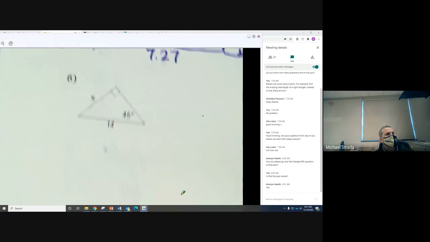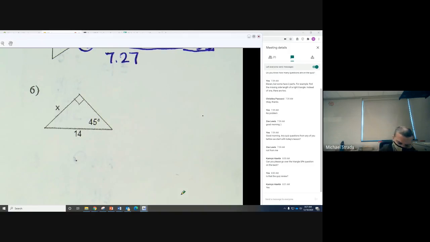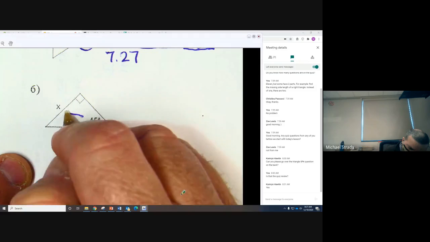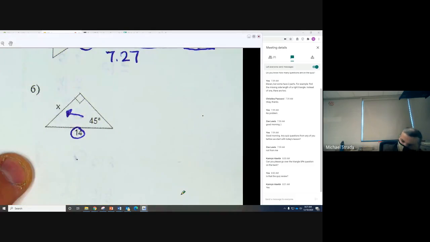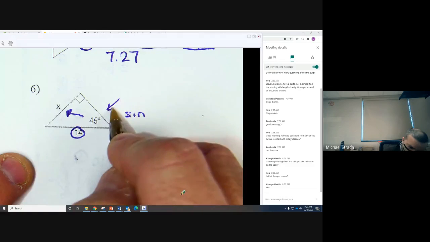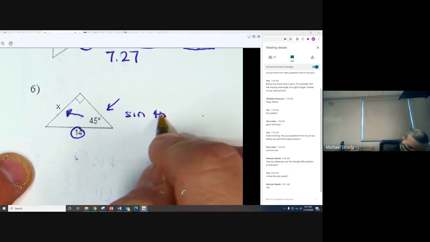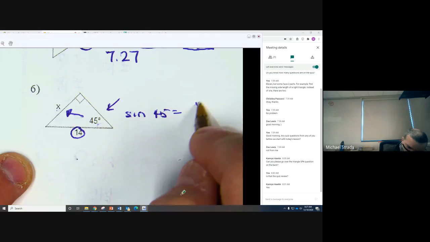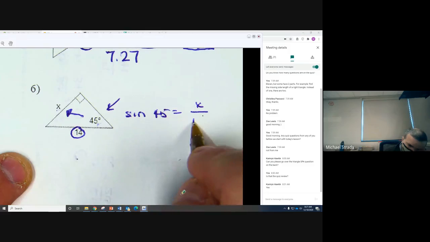Number 6. Is the hypotenuse involved? Yes. This time, it's opposite. That would be sine. So the sine of what angle? 45 equals the opposite, which is x, over the hypotenuse, which is 14.